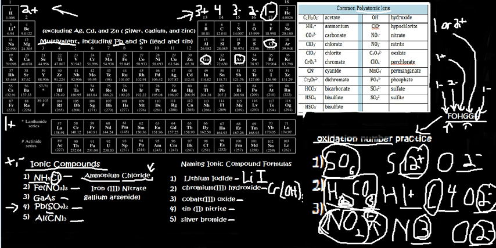So in this particular one, you have sulfate right here. Sulfate is on the common polyatomic ions table in the right-hand corner of your screen. And sulfate is SO4, that's right here, but there's 2 of them. And sulfate has a 2- charge.